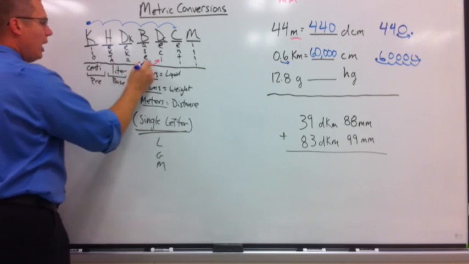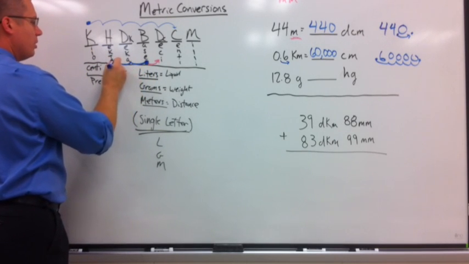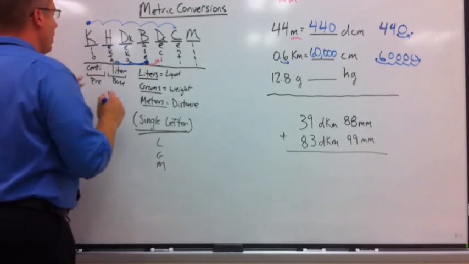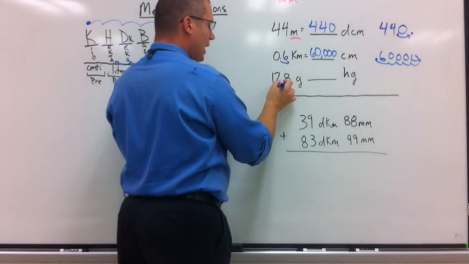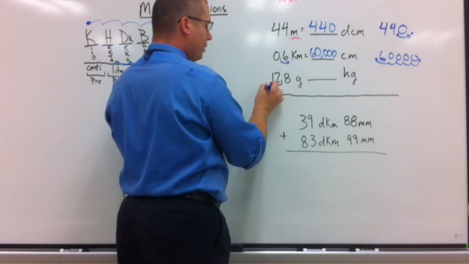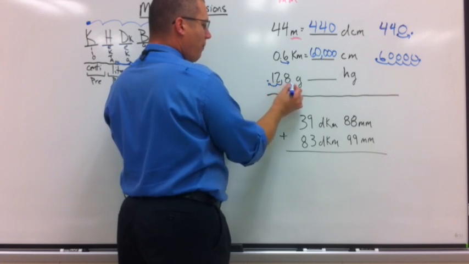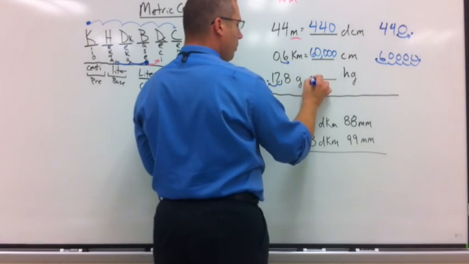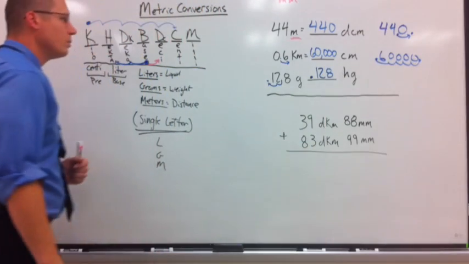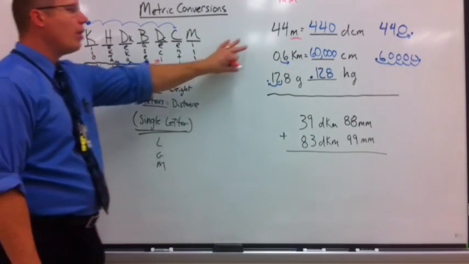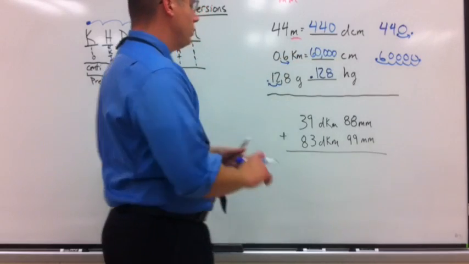HG is 2 to the left. 1, 2. If I go 2 to the left on my label chart, I take my decimal in the number and move 2 left. So it was 12.8, now it is 0.128. So this is converting from one label to another label.